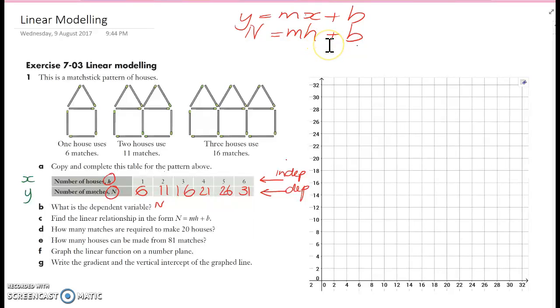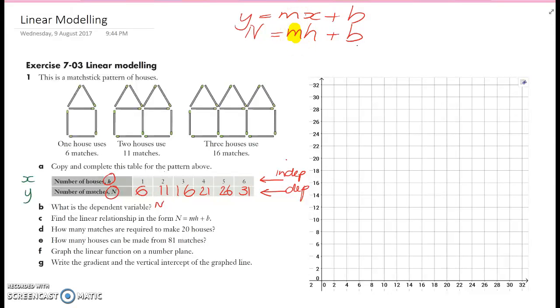We have to find the gradient and the y-intercept. Well, the gradient is how much it goes up by every time you go across 1. Notice here, this is going up by 5s. Every time my number of houses goes up by 1, my number of matches goes up by 5. So that means my m is going to be 5.